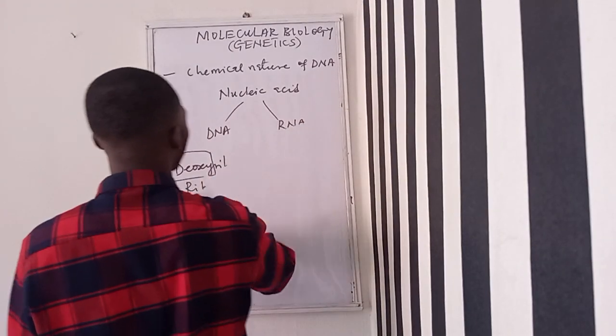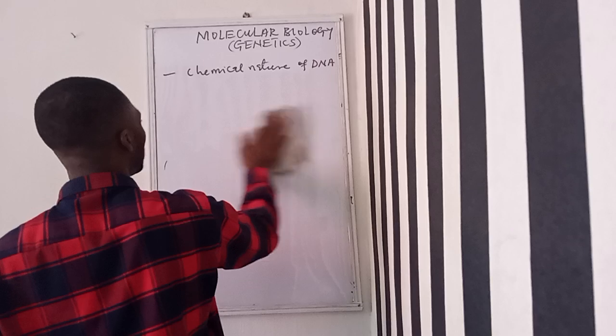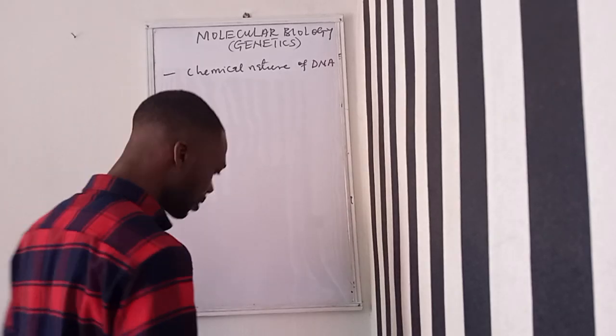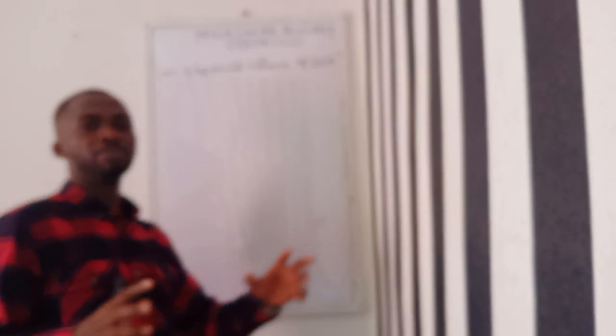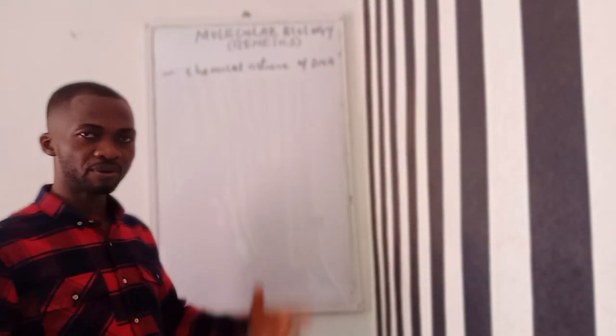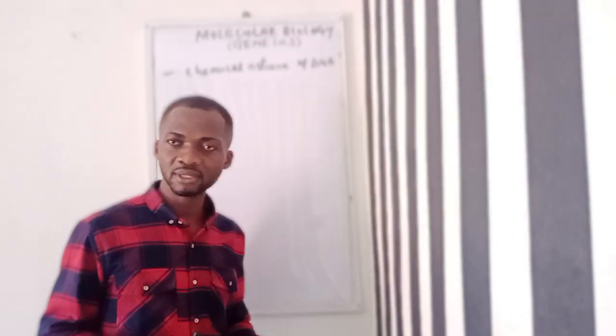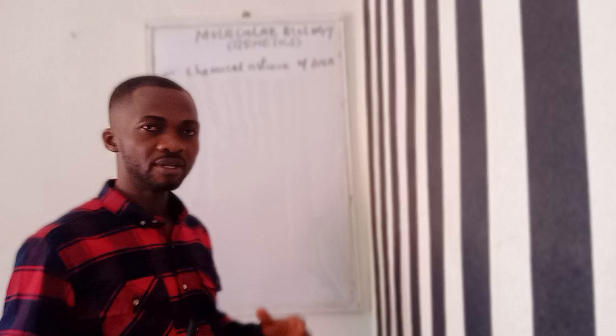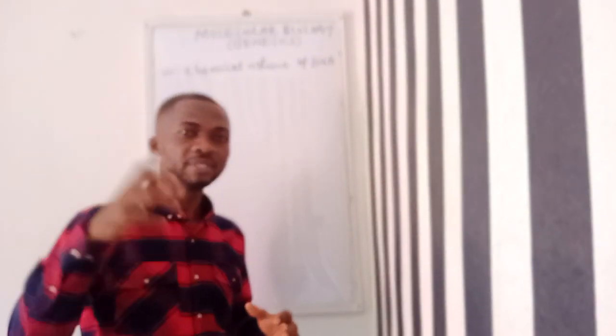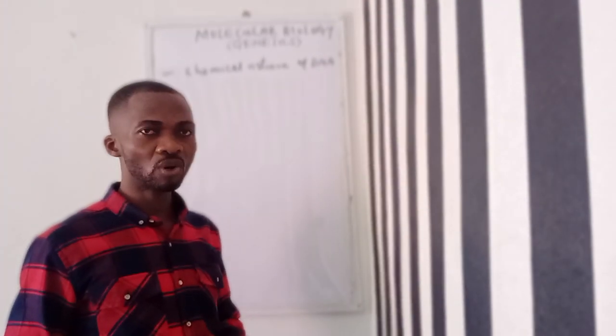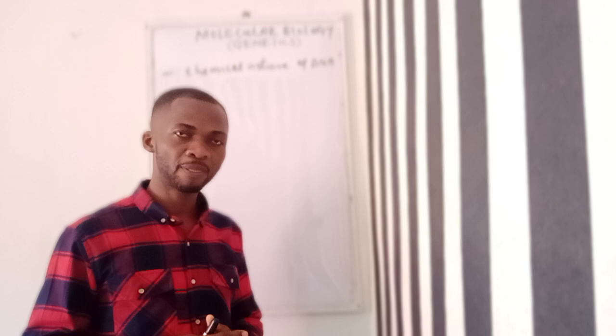So, the chemical nature of DNA. DNA is usually bound with proteins, and when separated from these protein components, DNA is made up of a repeating unit that is called the nucleotide. I want to repeat what I said.